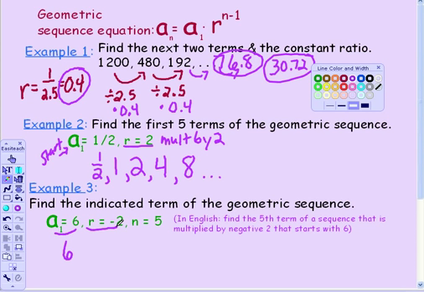That means we're looking for the fifth term in this sequence. So we need to keep that 6 multiplying by -2 each time to find the fifth term. There are 2 ways to do this. The first way is to just list all of those numbers. And for some people, that might be the easiest way.